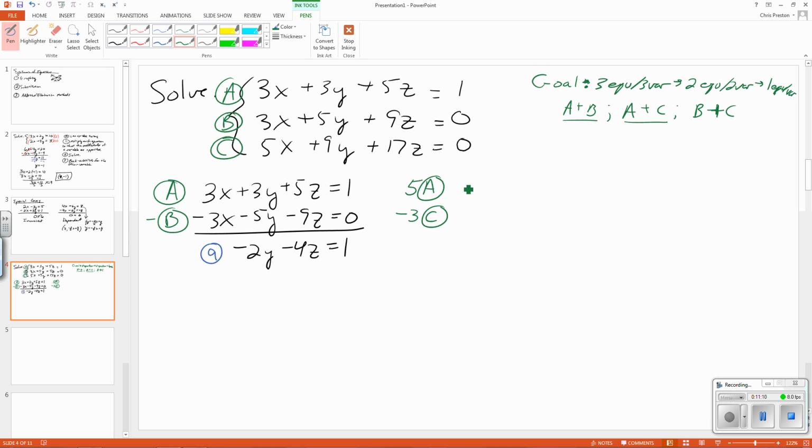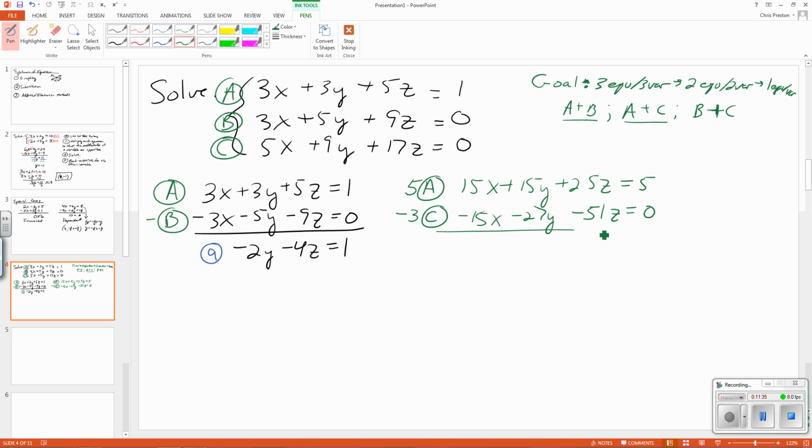So top equation by 5: 15x, 15y, 25z equals 5. Make sure you multiply everybody by that number. Then we'll multiply everybody on the bottom line by negative 3. So negative 15x, negative 27y, negative 30, negative 51z, and 0.